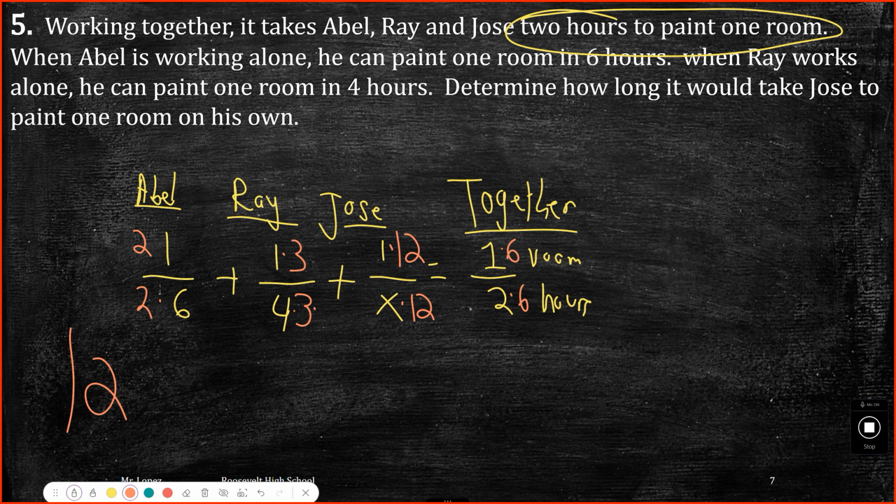Top and bottom by what? By x. This one by x. This one already has x. This one by x. Now all of them are 12x, 12x, 12x, 12x. Now I can cancel, cross off.